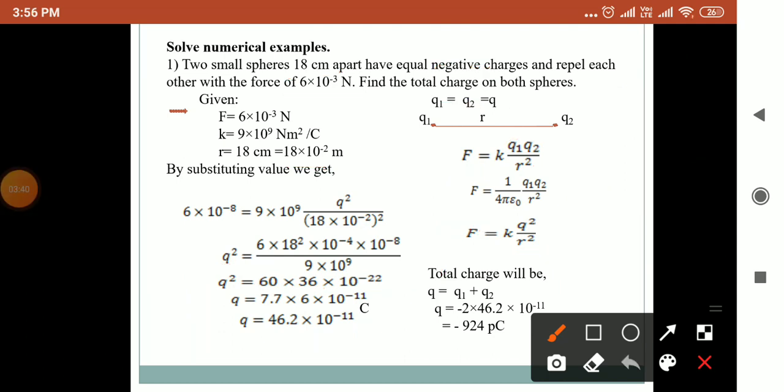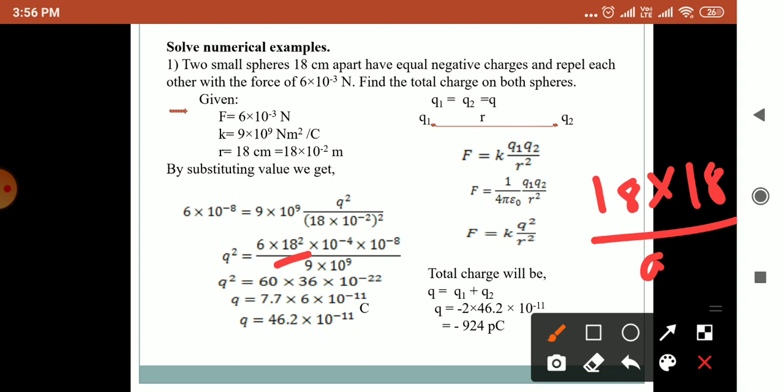Now here, instead of doing 18 square, we can directly cut 18 divided by 9. It will be 2. 2 into 18 will give 36, and the remaining 6 will give this 1 0, so it will give 10 raised to minus 22.